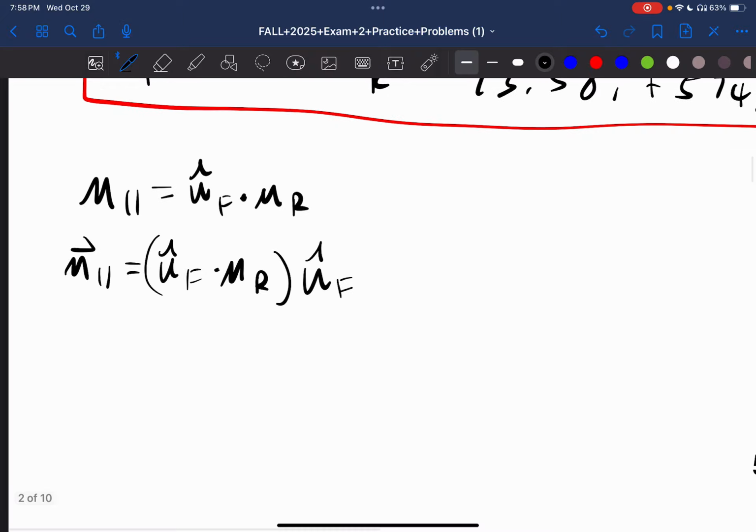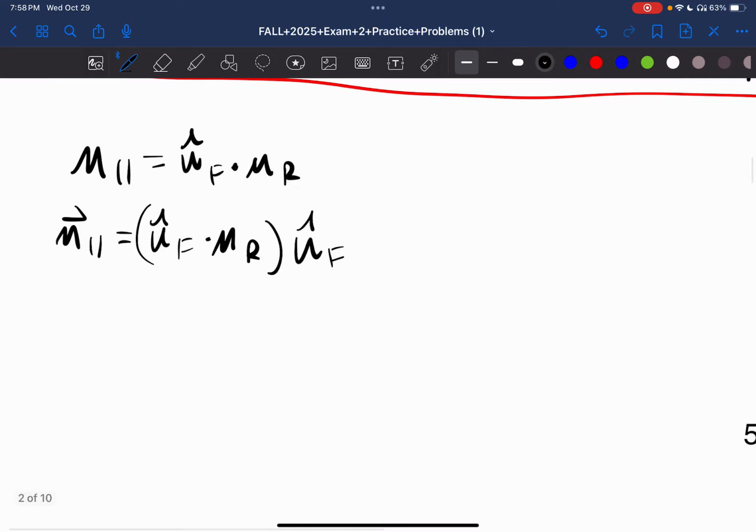Okay, and we also want the moment perpendicular. So this is going to be equal to the moment minus the moment parallel, once we find that.